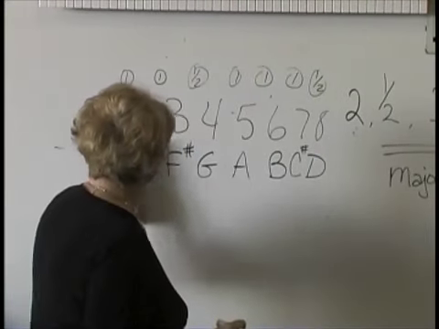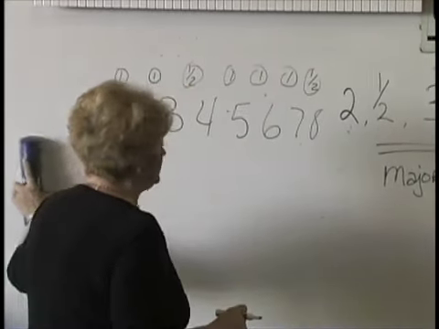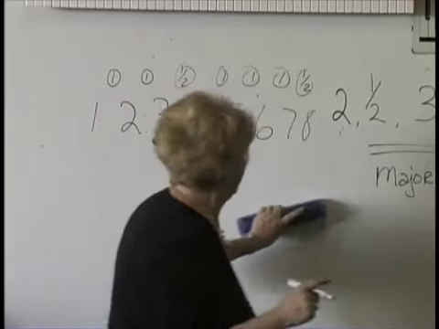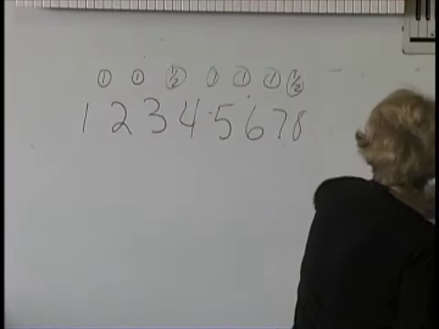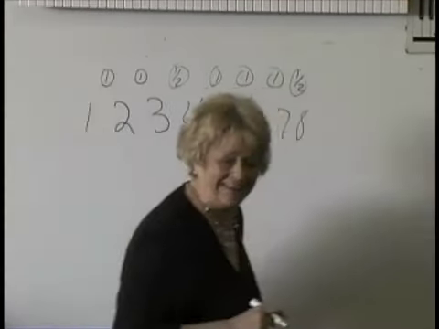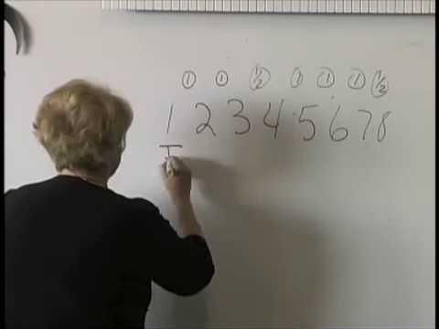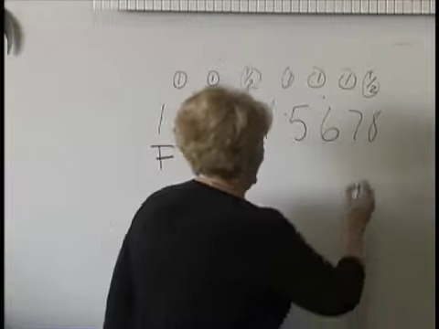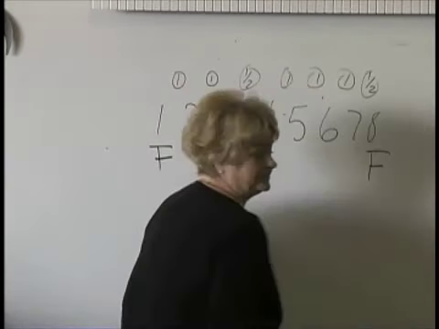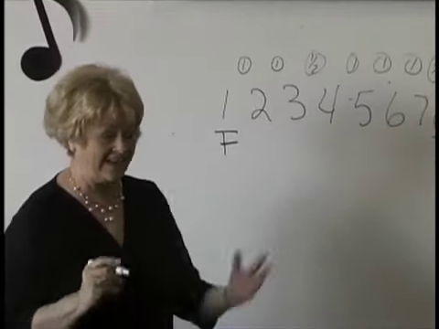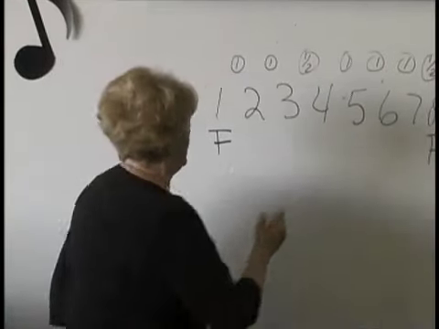Now, that's the reason that the note you start on determines if there's sharps or flats and how many. Let's do one more. Let's do F. Start on F, end on F. Let's say the alphabet and write it down.